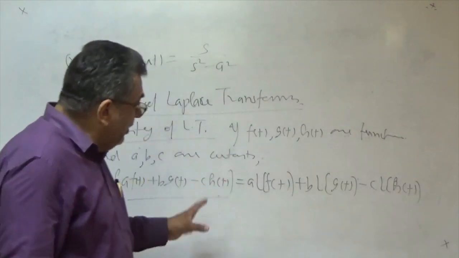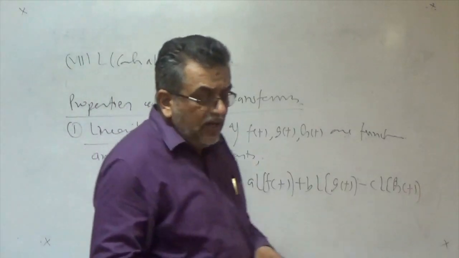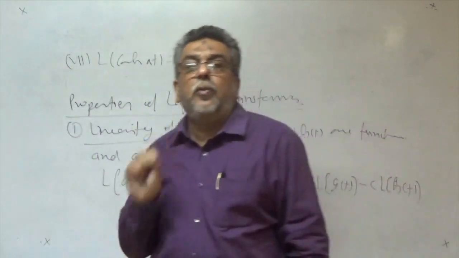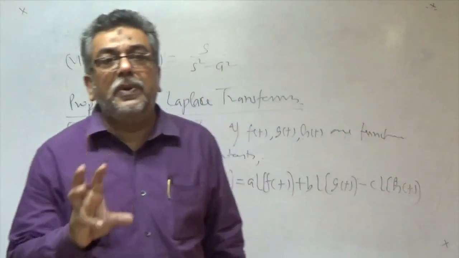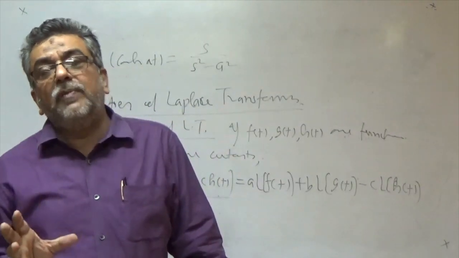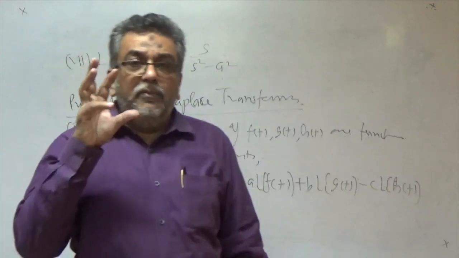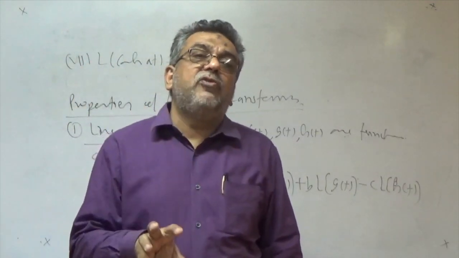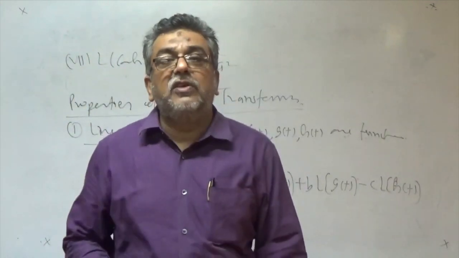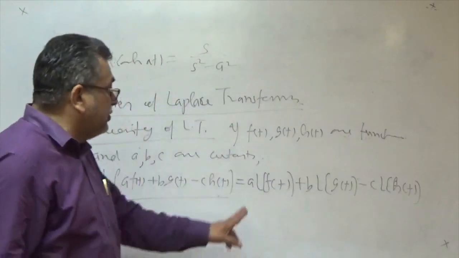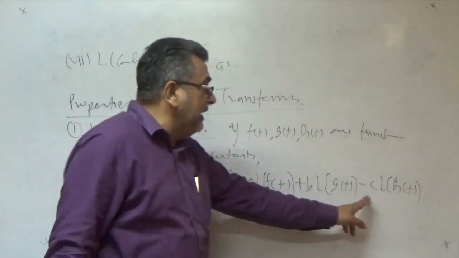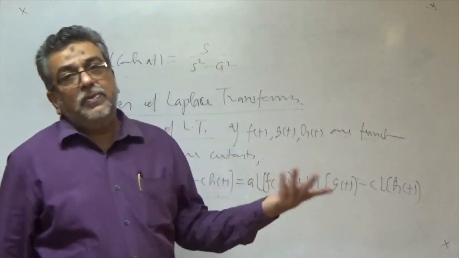But the important thing is the basic significance of this property. The basic significance is that from the calculation of Laplace transform, you can take outside any constant, any sign, and you can solve this by previous method.